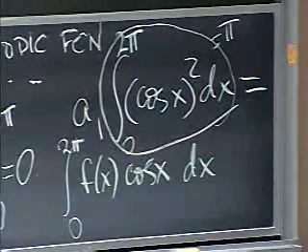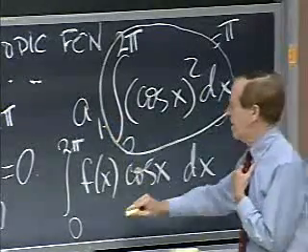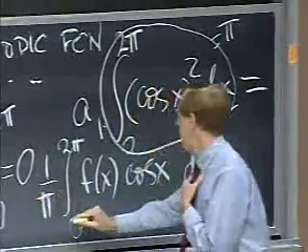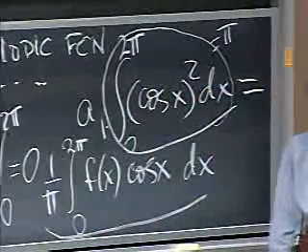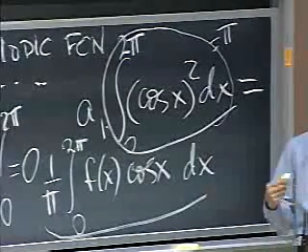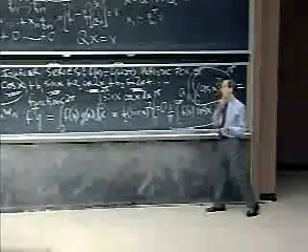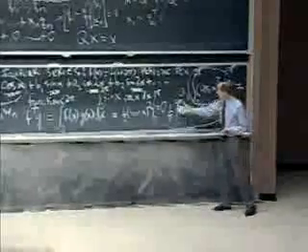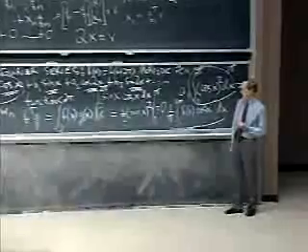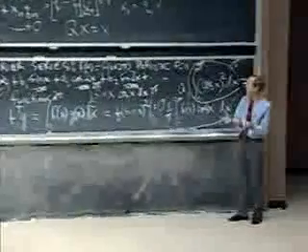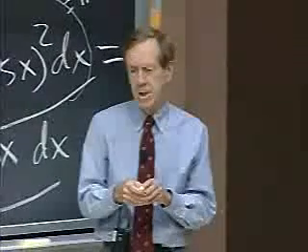So that's an easy integral, and it turns out to be pi, so that A1 is 1 over pi times this integral. So that's Euler's famous formula, or maybe Fourier found it, for the coefficients in a Fourier series. And you see that it's exactly an expansion in an orthonormal basis.